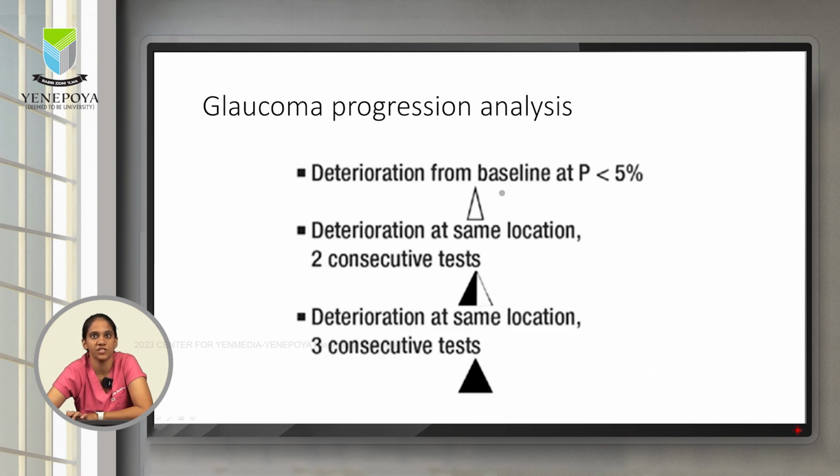So if there is a deterioration from baseline at P less than 5, that comes as a triangle. And then deterioration at the same location in 2 consecutive tests, that comes as a half split triangle, and if the deterioration is at the same location for 3 consecutive tests, it comes as a fully shaded triangle, right?